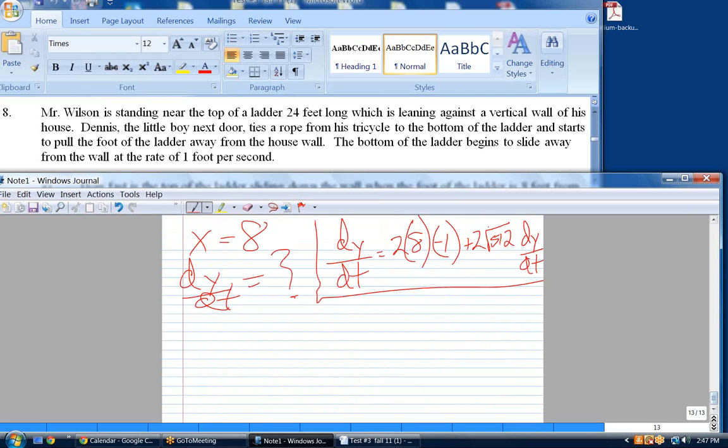So if I move all my terms with dy/dt to one side, I'm going to subtract this over there and factor out a dy/dt. So dy/dt times 2 times the square root of 512, plus 1, equals minus 16.